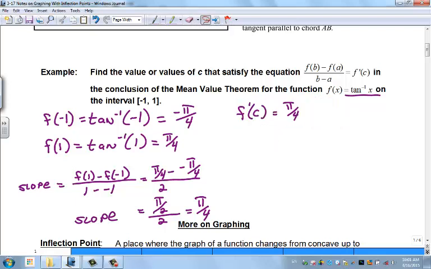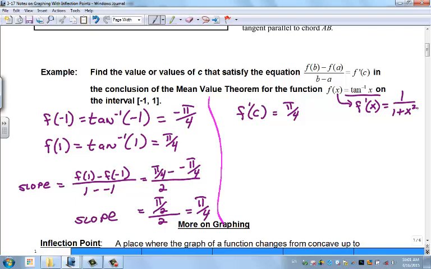I'm going to slide that over just a little bit, put up a little fence here so they don't run in together. First thing we've got to do is take f prime of x. If f of x is tan inverse of x, then f prime of x is equal to 1 over 1 plus x squared.